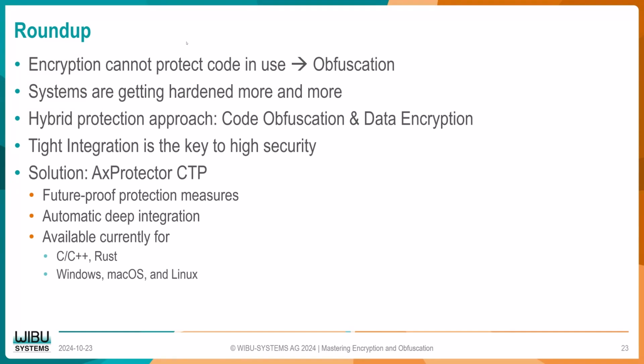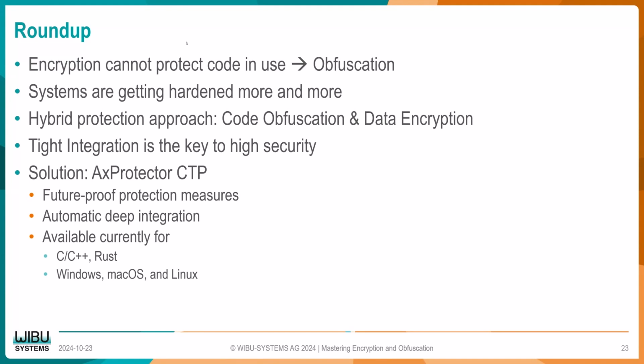We only decrypt data and use the data then to execute the code in a way that it can be hardly analyzed. And of course, we can combine, as mentioned, code obfuscation with the data encryption, and this high integration is the key to a really high level of security.